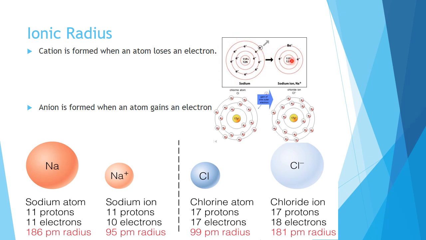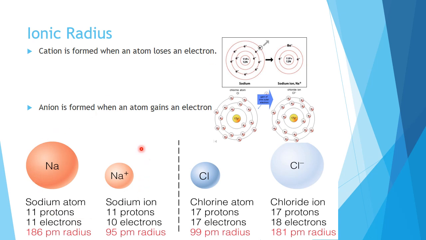So the average force per electron is increased here. The attractive force of the positively charged protons of the nucleus over the electrons is increased, and there is also a decreased shell in the sodium cation. All these factors sum up and a very small cationic sodium ion is observed.